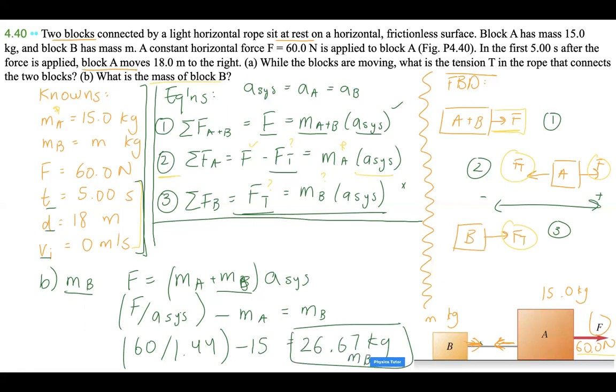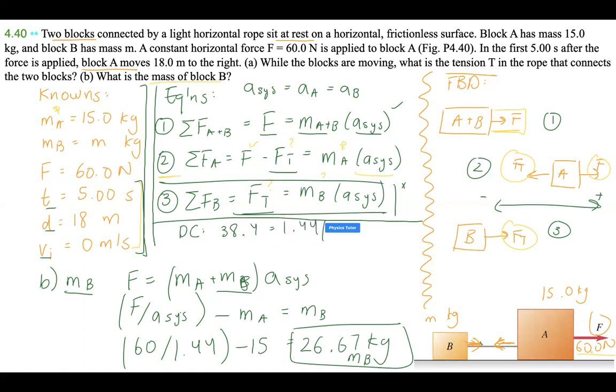And let's just double check with our equation number 3, because if this is a test, that'd be a great way to check our answer. So double checking, Ft we said was 38.4, and we said that the acceleration of the system is 1.44.